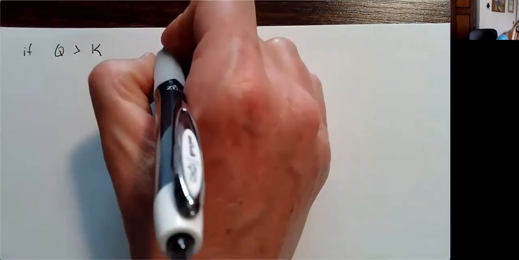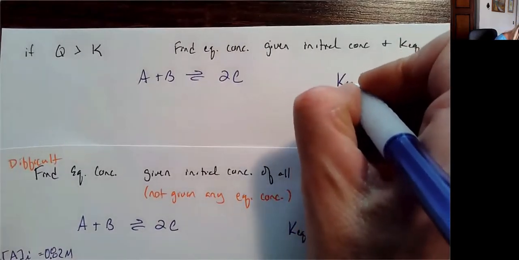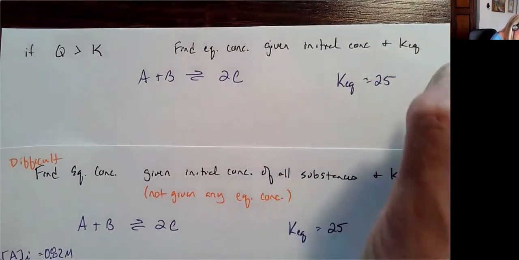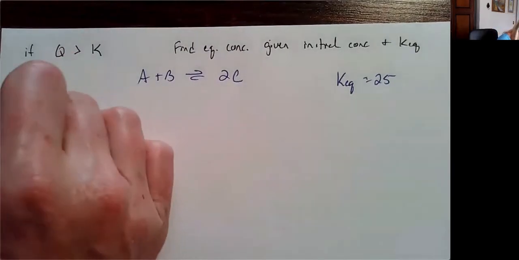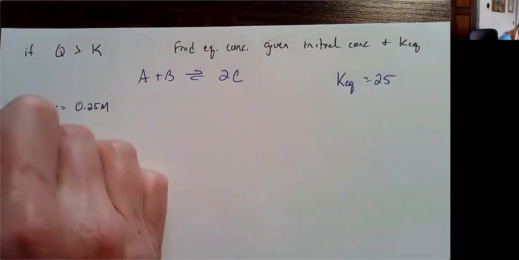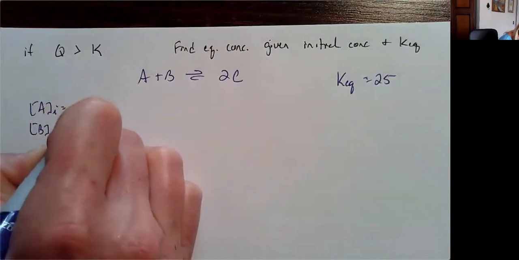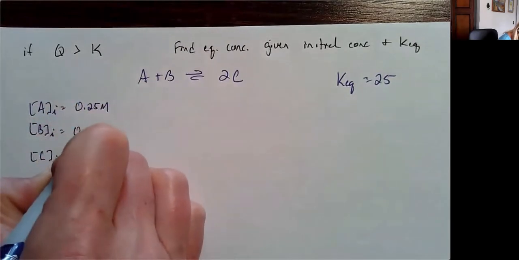So I'm going to rewrite my equation, and now I'm going to give you some different values. KEQ we're going to let stay at 25. But now I'm going to give you some different initial concentrations. So let's say A initial is 0.25 molar, B initial is 0.25 molar, and C initial is 1.0 molar.